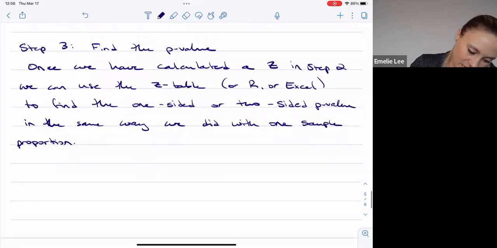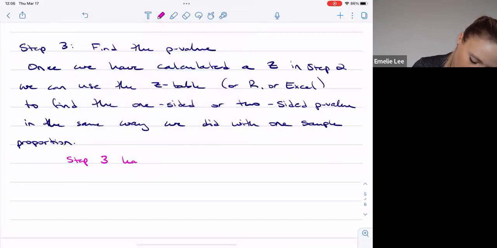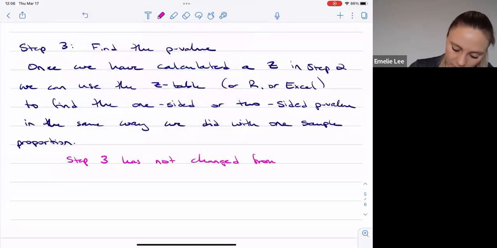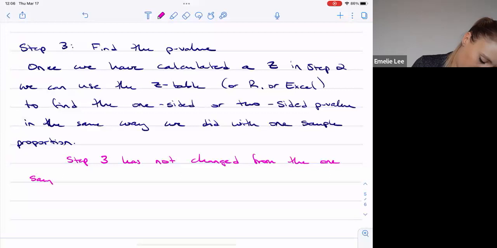So really what happened is step 3 has not changed from before, from the one sample proportion question.